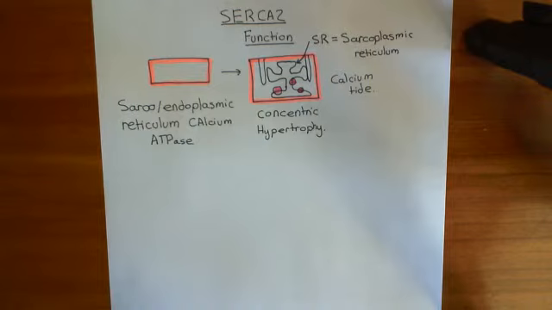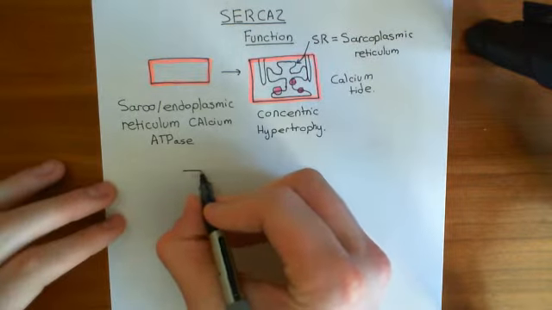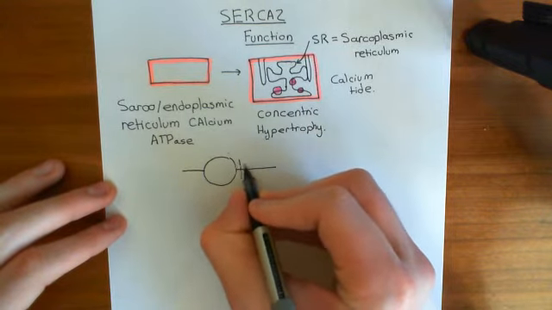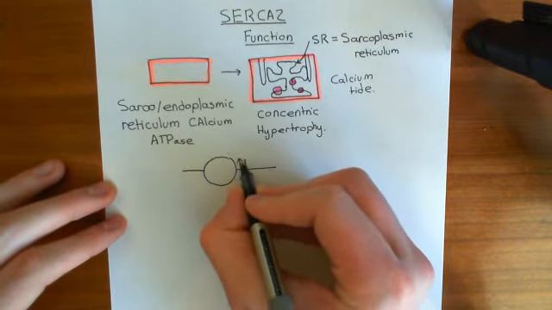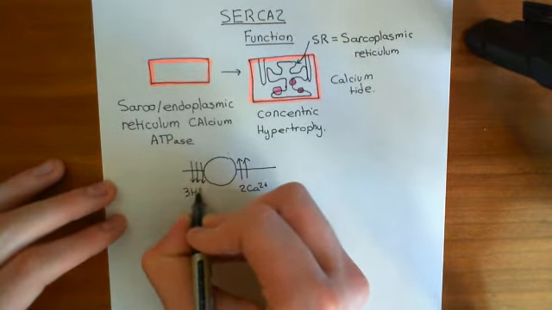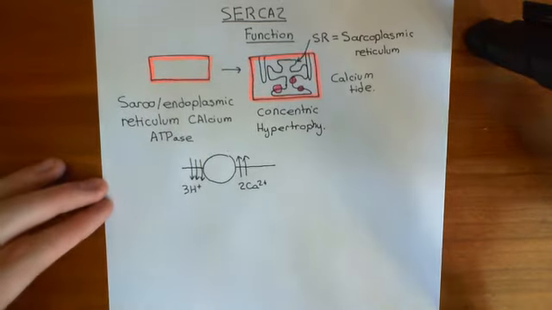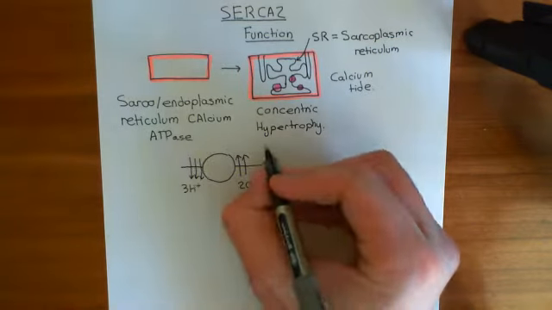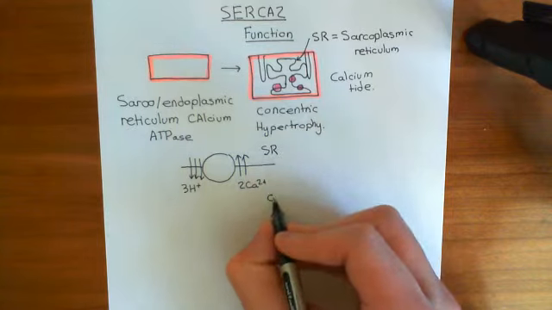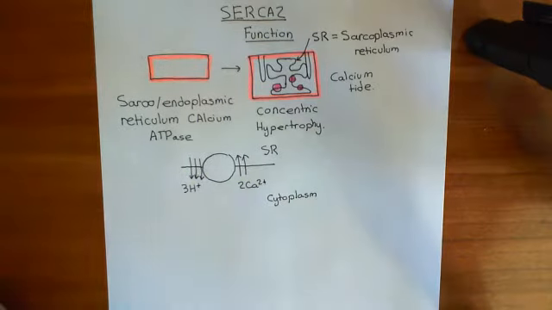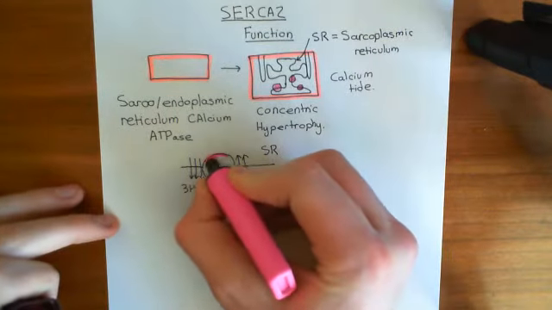And these pumps, if I draw one of them out bigger down here, they pump calcium back into the lumen of the SR. So they pump 2 calcium ions into the lumen of the SR in exchange for 3 protons leaving the lumen of the SR. So every time the SERCA undertakes its activity, it will pump 2 calcium ions into the lumen of the SR. This is the SR lumen side, and it will pump 3 protons out of the lumen of the SR into the cytoplasm.